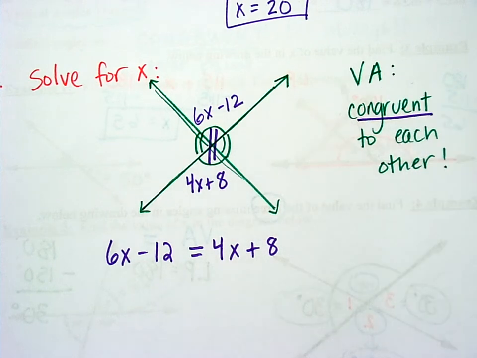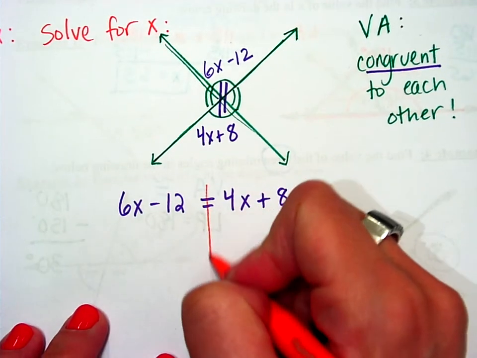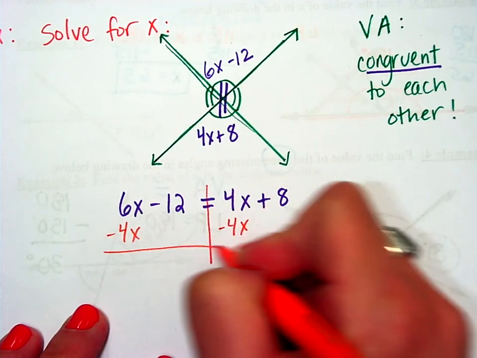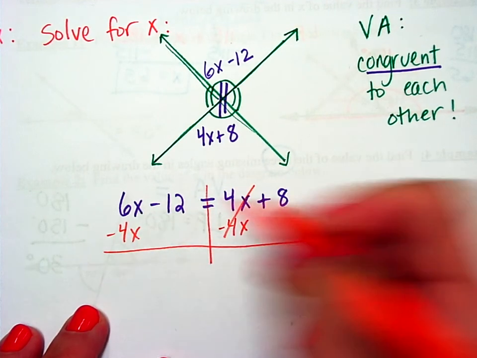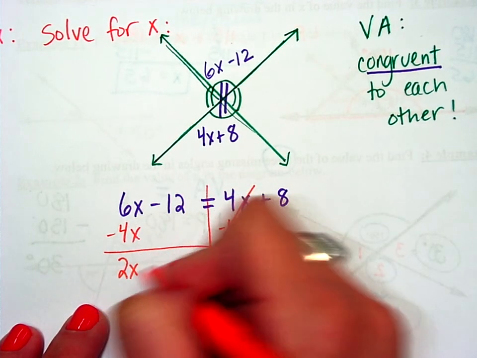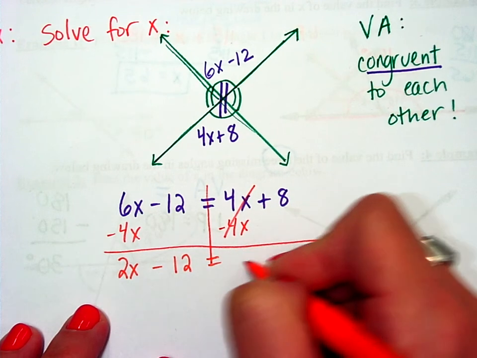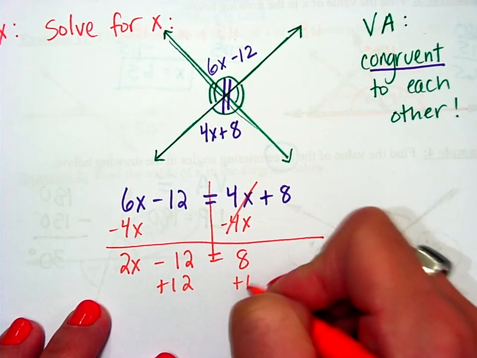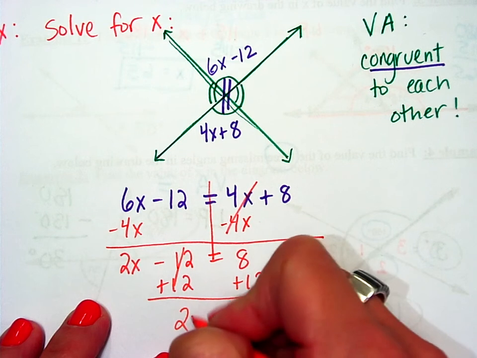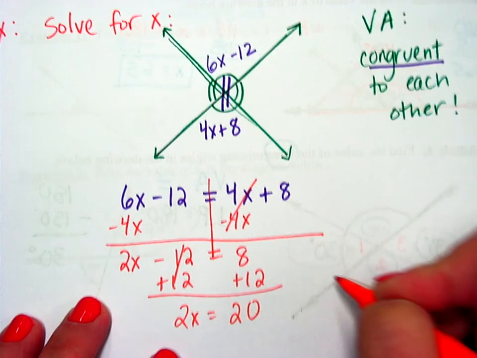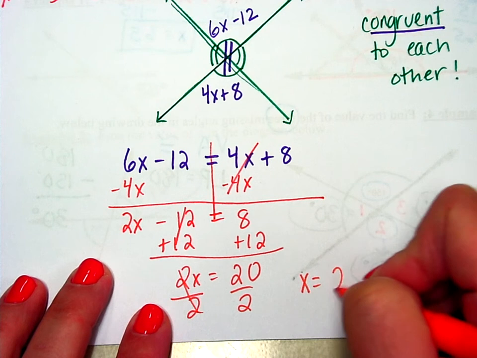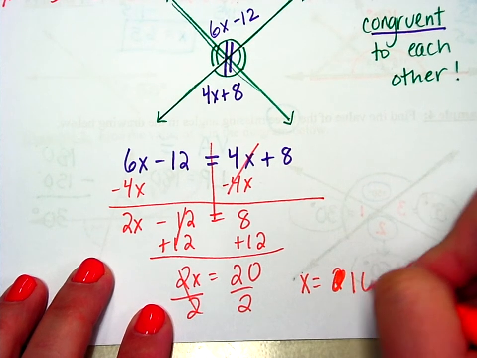Now we solve it. Let's bring all our x's to one side. So I'll move the 4x to the left. I'll have 6 minus 4 is 2x. Bring down the 12 equals 8. Move over the 12. And we can all solve this equation. Divide by 2 and x equals, whoops, 10.